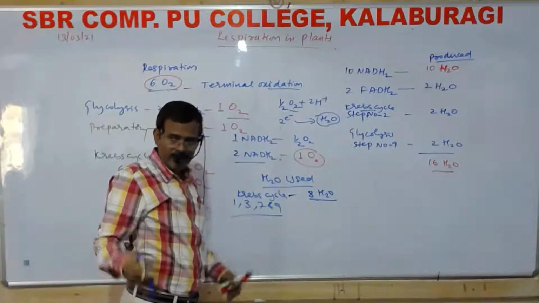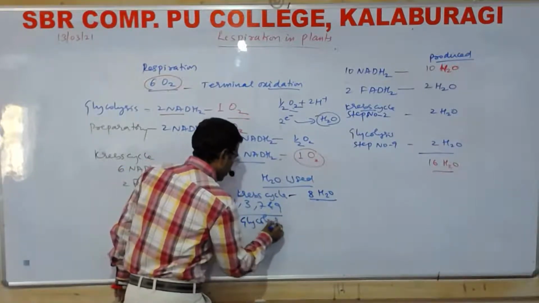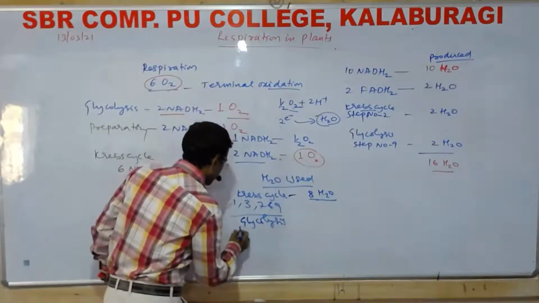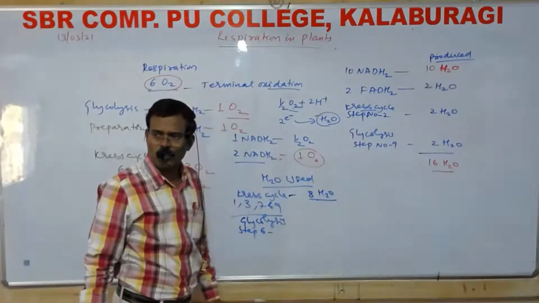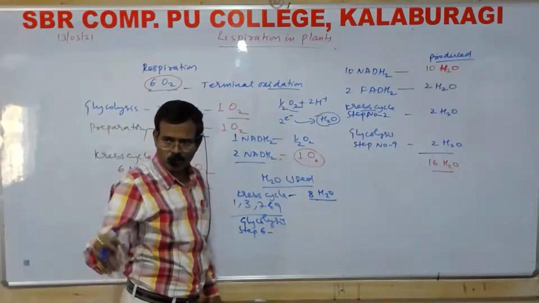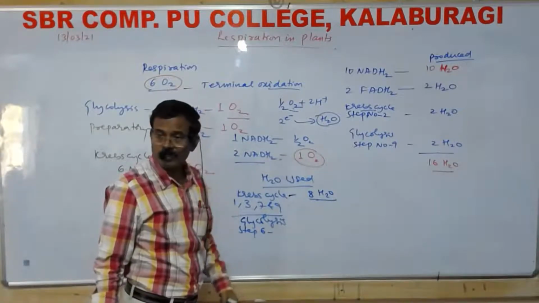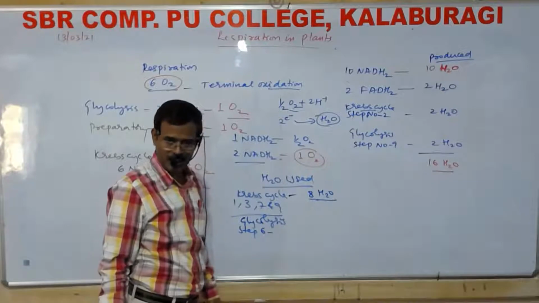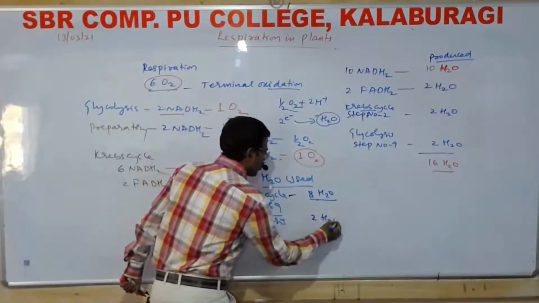Now, in the reference book, they have given glycolysis step number 6: 3-PGAL to 1,3-diPGA, where phosphoric acid is used. Okay, where NADH2 is produced. So there 2 water molecules are used.